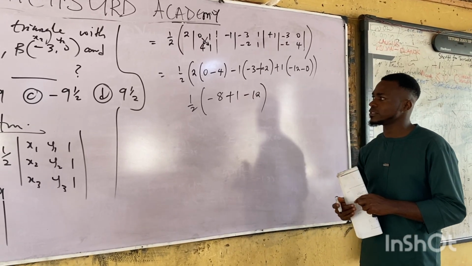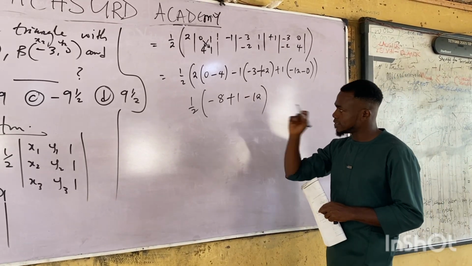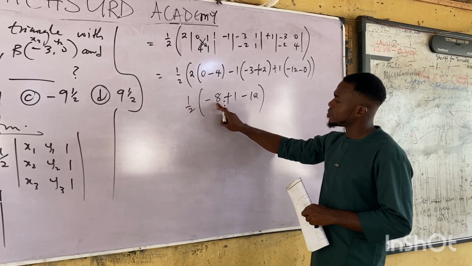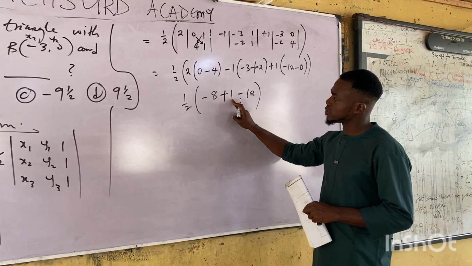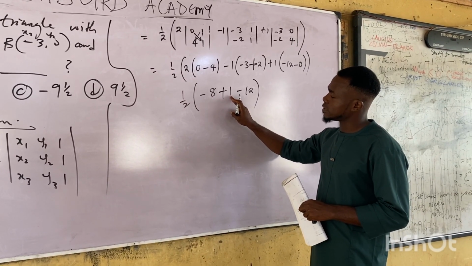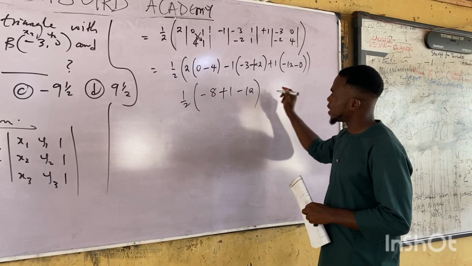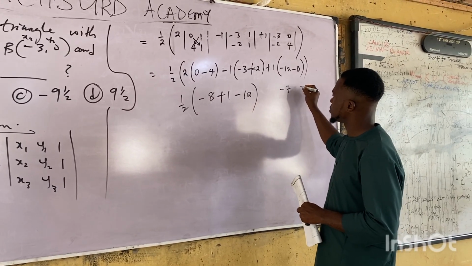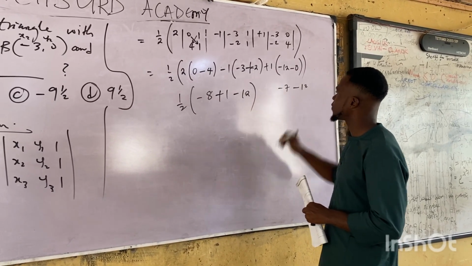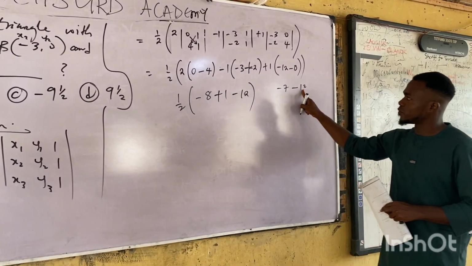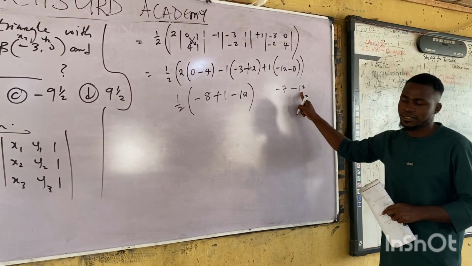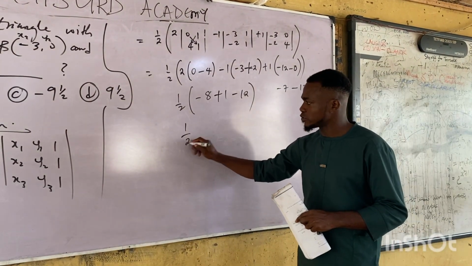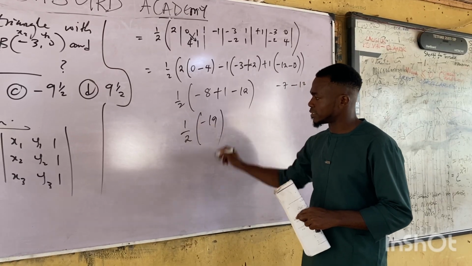So we have this. Now, if we solve this, this is minus 8. Minus 8 plus 1 is minus 7. So we're having minus 7 minus 12. And minus 7 minus 12 will give us minus 19. So we have 1 over 2 of minus 19.